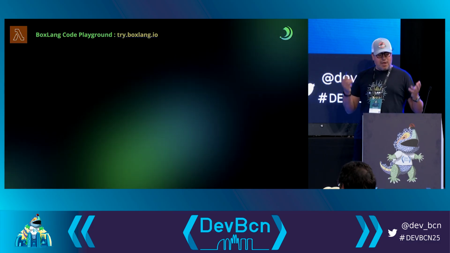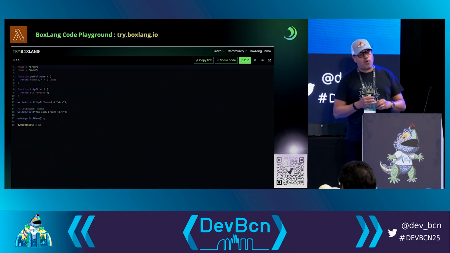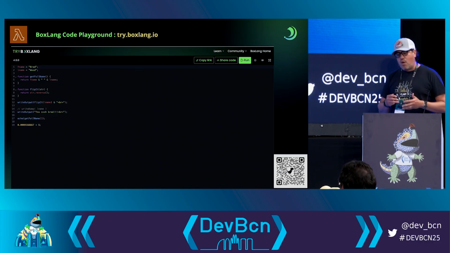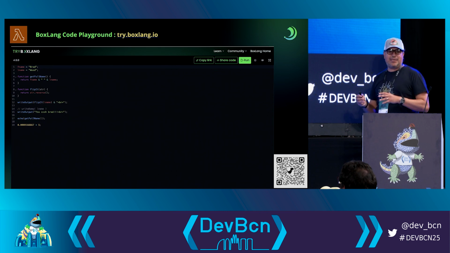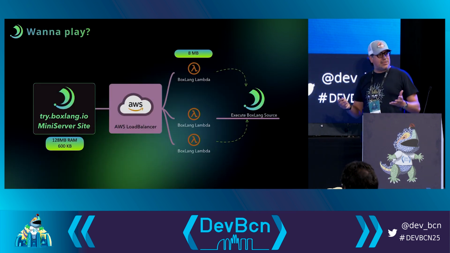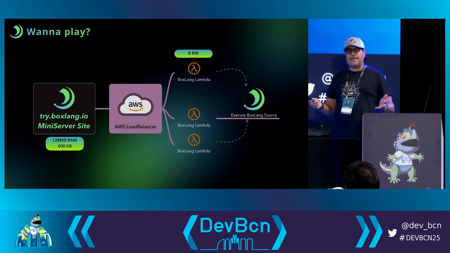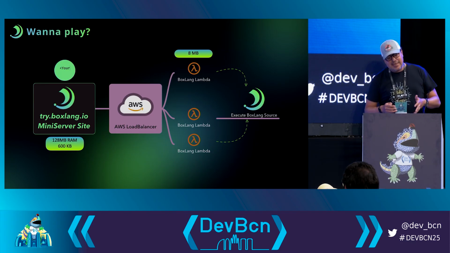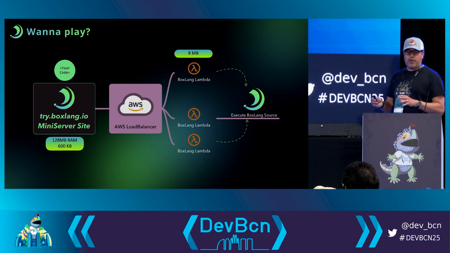And our first production app on this multi-runtime world was try.boxlang.io. So we really wanted to create a developer space so they could try BoxLang and learn how to work with BoxLang. So when we envisioned it, we said, OK, we want a mini server site that a developer can code in.